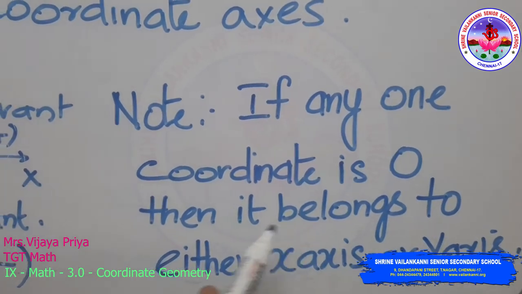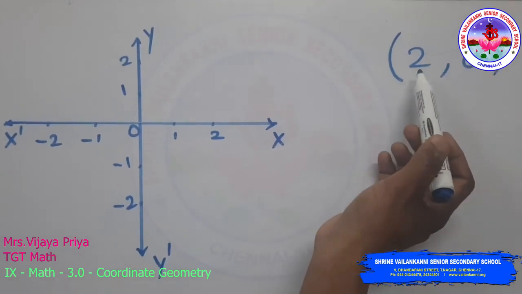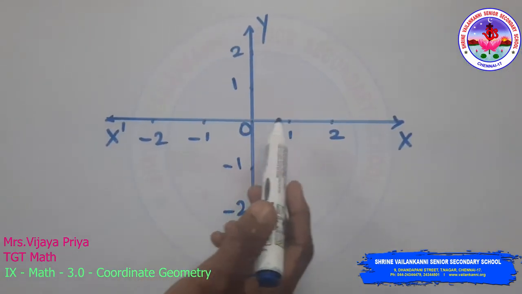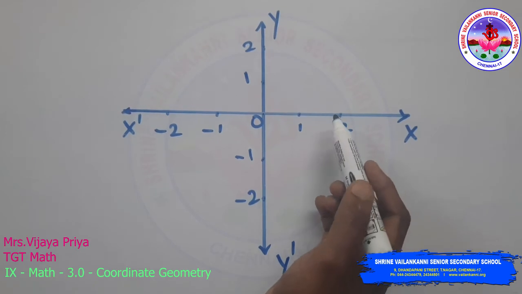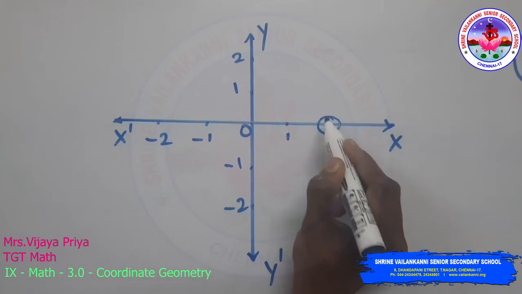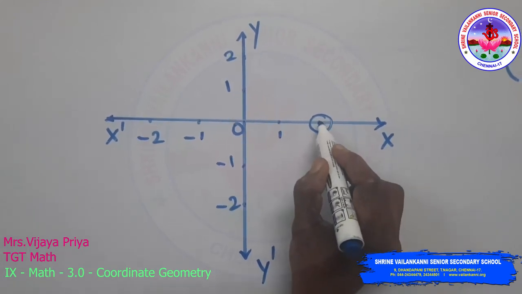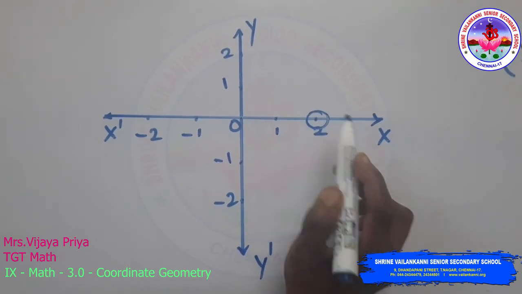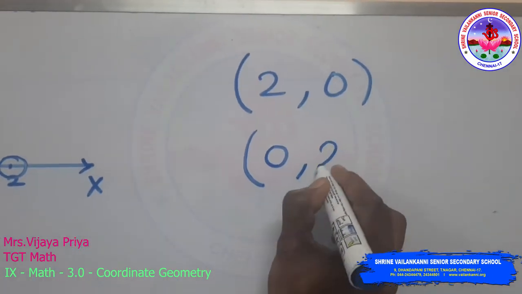For example, if I want to mark (2, 0) in the Cartesian plane, I have to go where my y value is 0. So we will be marking this coordinate on my x-axis. For (2, 0), since the y coordinate is 0, we will be plotting the point on the x-axis. Suppose the coordinate is (0, 2).